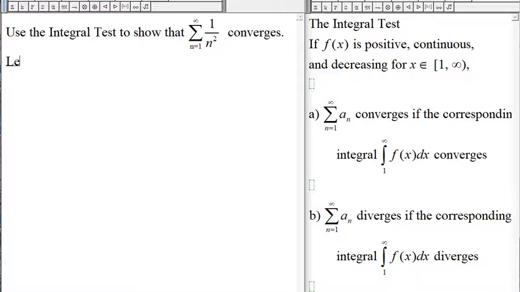And so if we let the sequence a sub n be 1 divided by n squared, then the corresponding continuous function f of x is the function 1 divided by x squared.